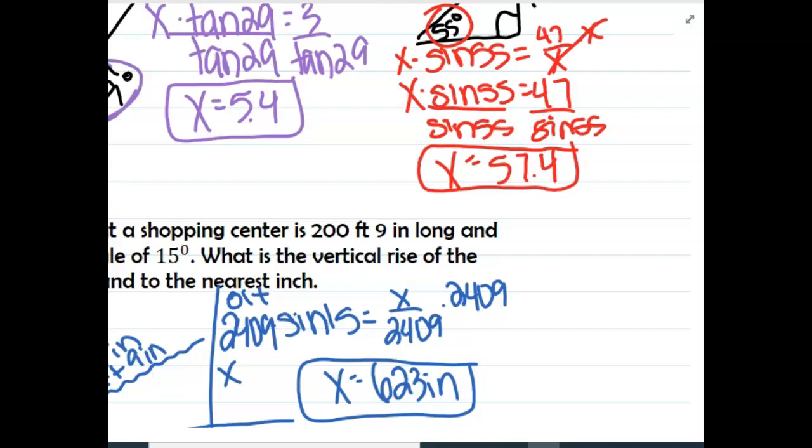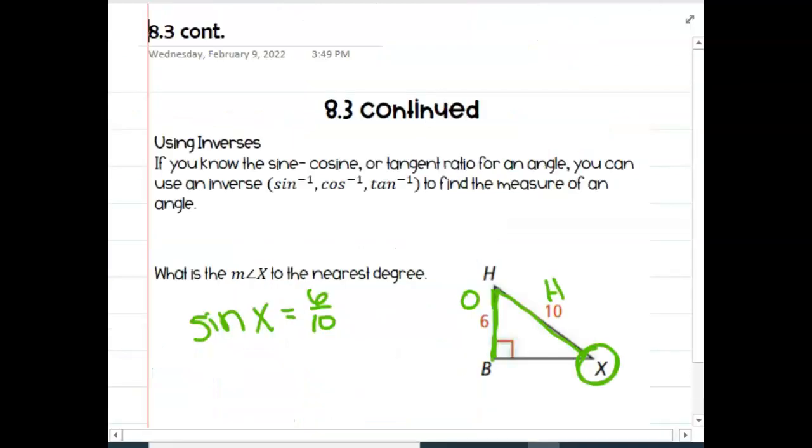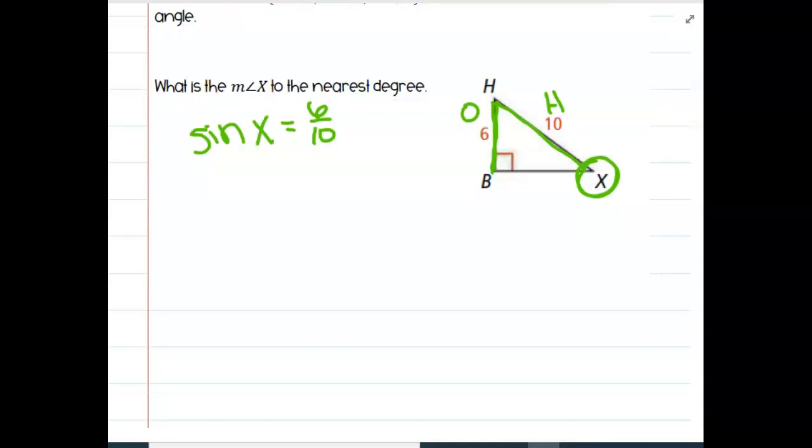If you plug sine of 55 into your calculator, it gives you a number, because sine of 55 means that in a right triangle with a 55-degree angle, it tells you the ratio of the opposite over the hypotenuse of that triangle. It's a number. The problem today is that I can't divide by sine. If you try to plug in just sine, not sine of anything, your calculator is not going to let you. You can't just plug in sine, it has to be sine of something.